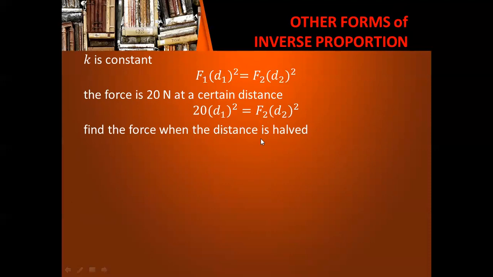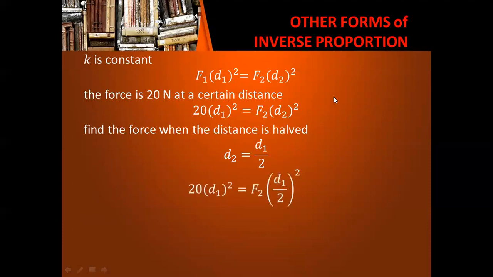The distance becoming half is basically telling us that d sub 2 is equal to d1 over 2, meaning the new distance will be equal to half of the original distance. We can then substitute this for d2 in this equation.